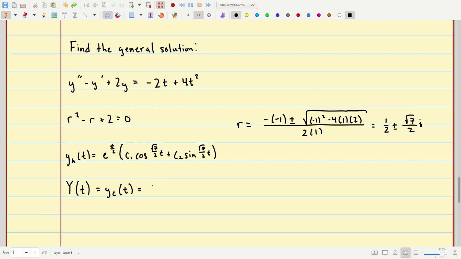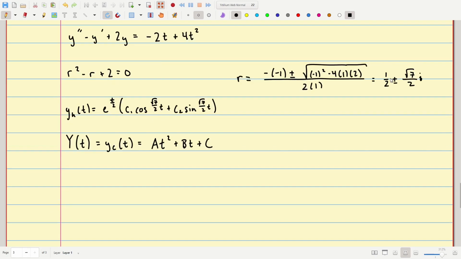All right. Now, in order for our guess to be sufficiently sophisticated, we're going to need to guess a full degree 2 polynomial here. Okay, so we need t squared, t, and the constant term. And then what we do is we plug this into our differential equation and then figure out what our constants are by creating a system.